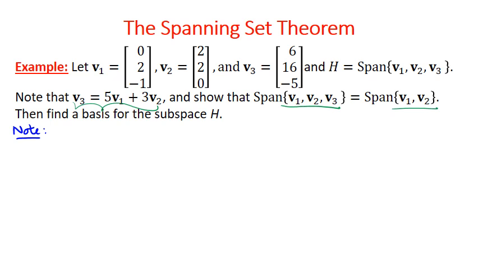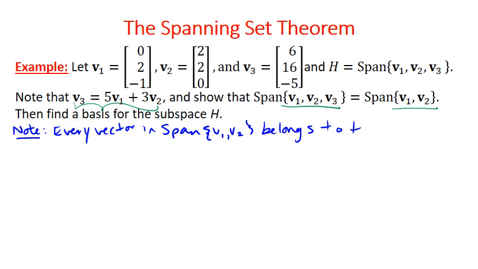Every vector in the span of v1, v2 belongs to H, because we can represent this as a linear combination, namely x1 times v1 plus x2 v2 is the same thing as saying x1 v1 plus x2 v2 plus 0 times v3.